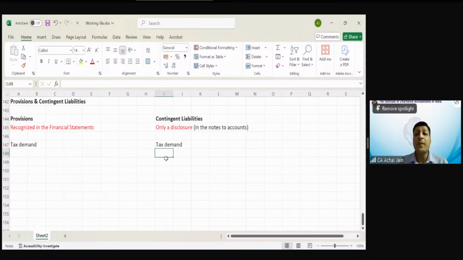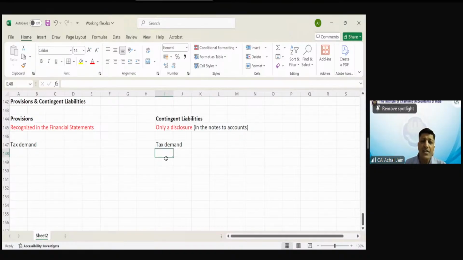At the same time, the company is not sure that it is going to win. So the company is stuck. It's a 50-50 situation. On the basis of current circumstances, there's no clarity.